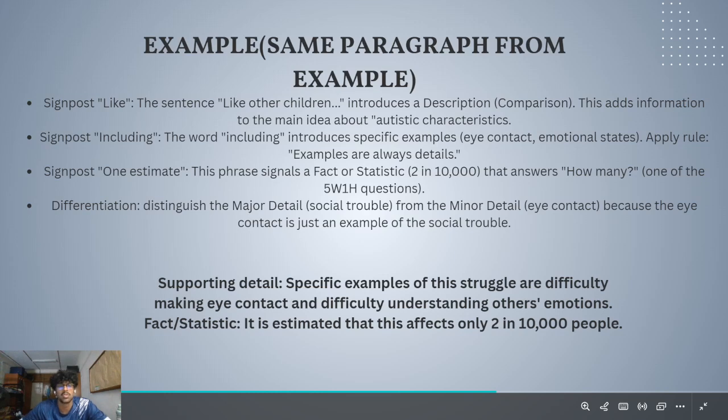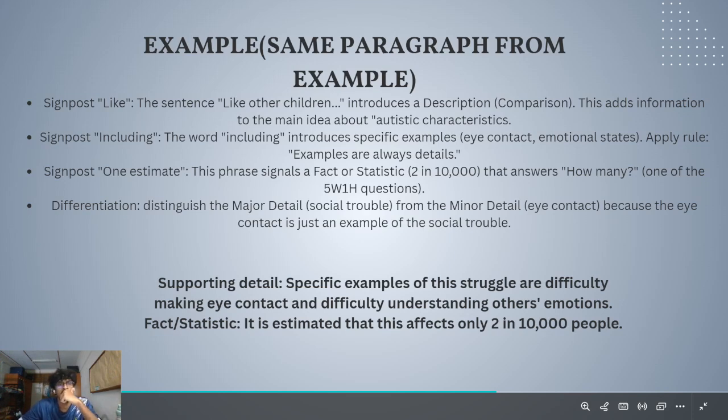Okay, so in that paragraph, there are many signposts, which makes it easier for us to find the supporting details. As you can see, the signpost "like" introduces a description which adds information to the main idea about autistic characteristics.